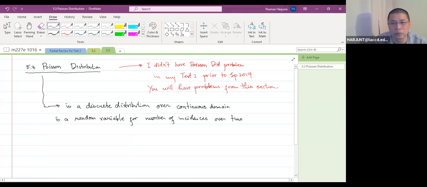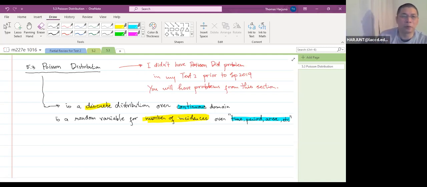Time is continuous, period is also continuous, area is also continuous, and so on. When we say discrete distribution over continuous domain, the discrete part is the number of incidents. The continuous domain is over a period of time, over some area.